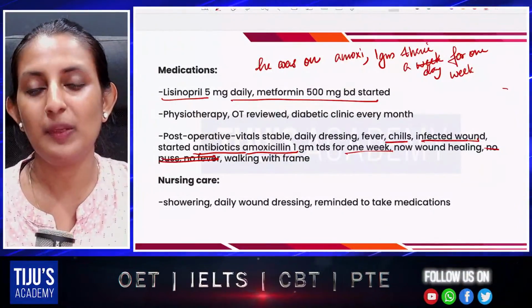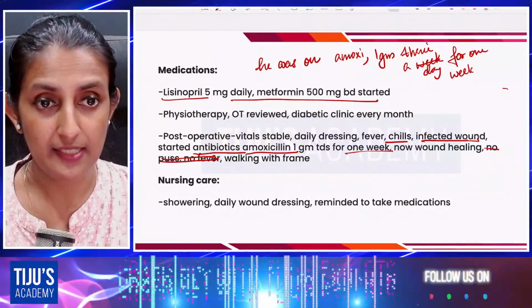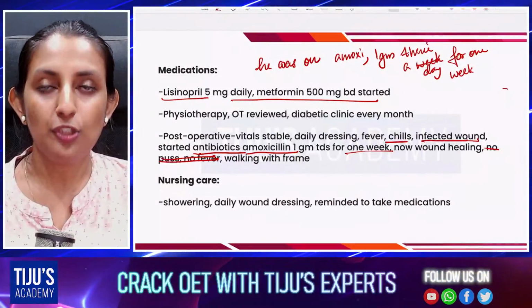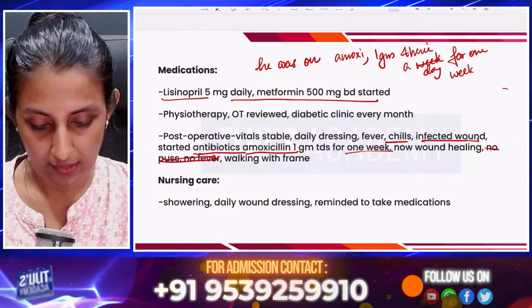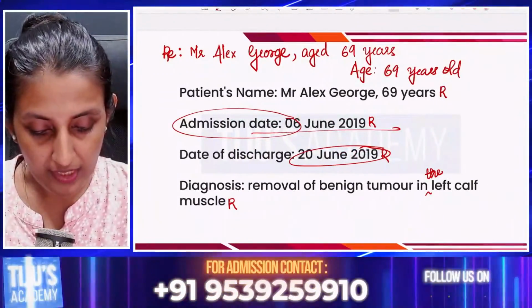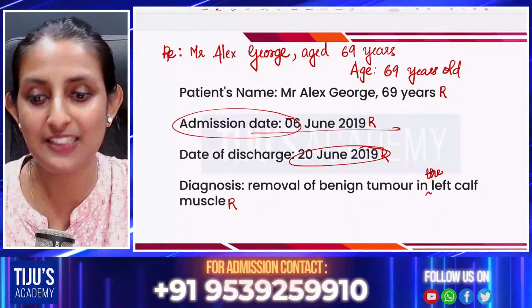വൈ വിച്ച് നീഡ്സ് ടു ബി കണ്ടിന്യൂഡ് നമുക്ക് ഉപയോഗിക്കേണ്ട കാര്യമില്ല. എന്തുകൊണ്ടാണെന്ന് ചോദിച്ചാൽ പോസ്റ്റ് ഓപ്പറേറ്റീവ്ലി വി സ്റ്റാർട്ടഡ് ആൻറ്റിബയോട്ടിക്സ് ഫോർ 1 week. So when we had the surgery, when he was admitted on 6th June.